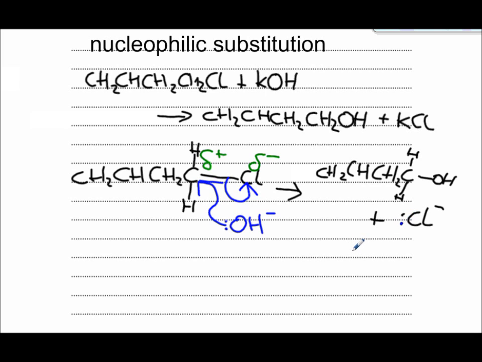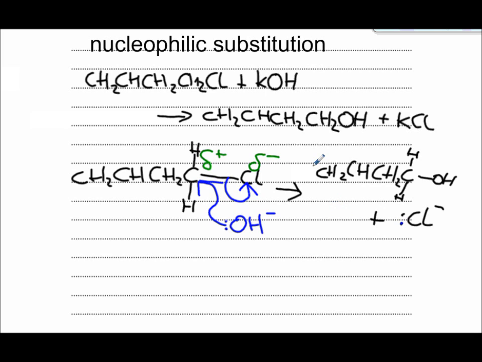So that there is the mechanism. You will get 1 mark for the equation, 1 mark for the structure, 1 mark for the dipoles, 1 mark for the correct curly arrows, and 1 mark for putting in that Cl minus. So there you've got 5 marks altogether.